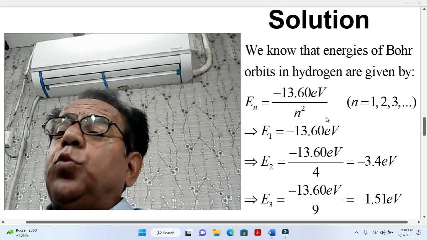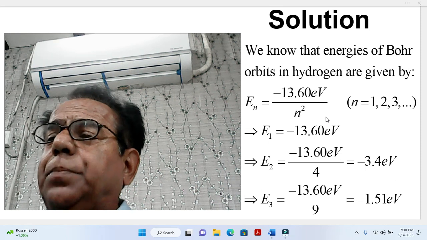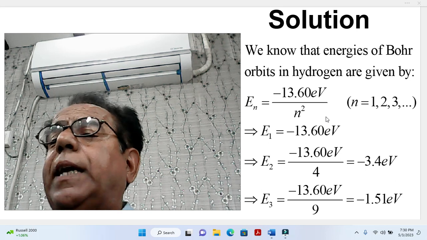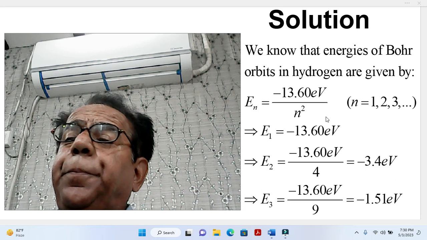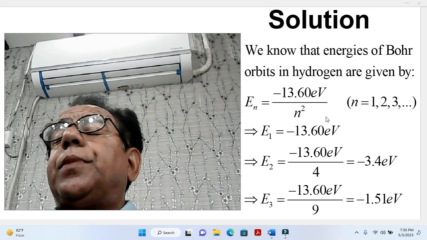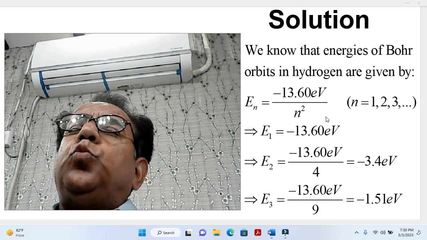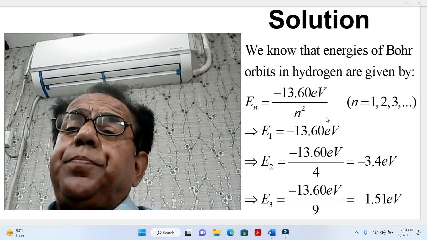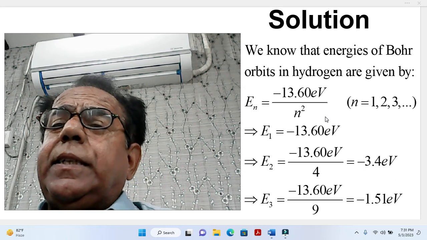Solution. We know that the energies of Bohr orbits in hydrogen are given by En is equal to minus 13.60 electron volt over n square, where n is equal to 1, 2, 3 and so on. Okay, what we have done, we have used tool number 1, irrespective of whether we are following version 1, version 2, version 3 or version 4.